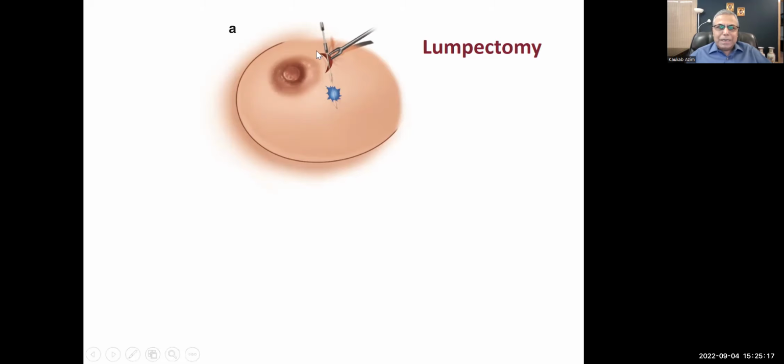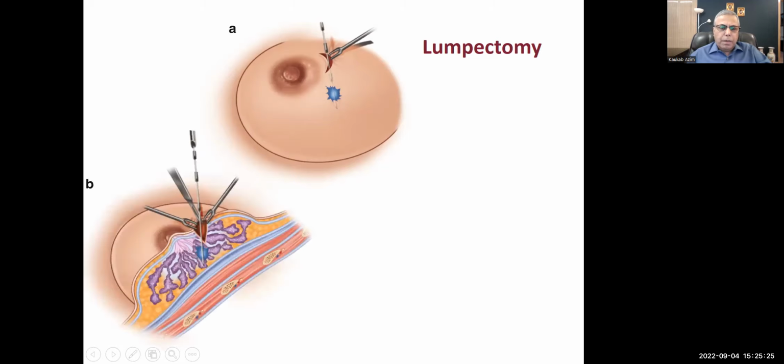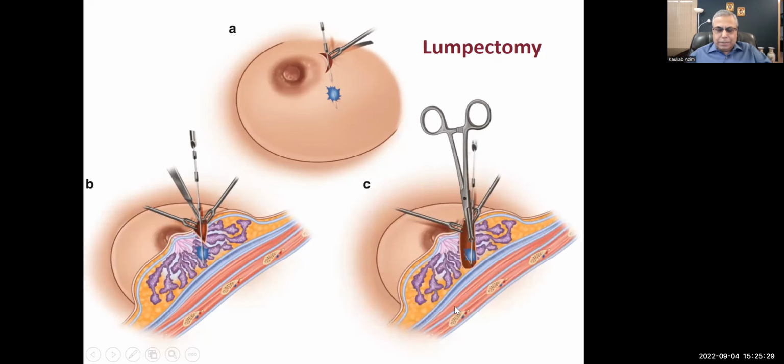So what you do is that you make a small incision and you can take a biopsy, okay, which is known as a core needle biopsy. Or you can go deeper and you can dissect out the tumor, whatever. So what you have done in this type of surgery is that you have just removed this small tumor and some normal surrounding tissue.